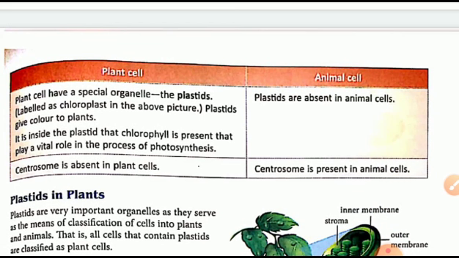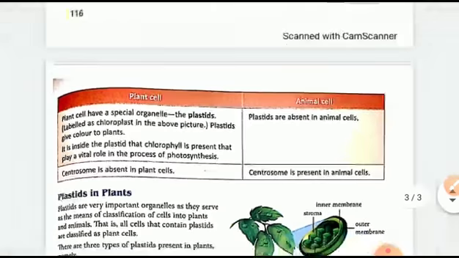Inside the plastid, chlorophyll is present, which plays a vital role in photosynthesis. Plastids are called the kitchen of the cell because they contain the chloroplast, and the chloroplast contains the chlorophyll, which gives the green color as well as helps in photosynthesis. Plastids are absent in animal cells.